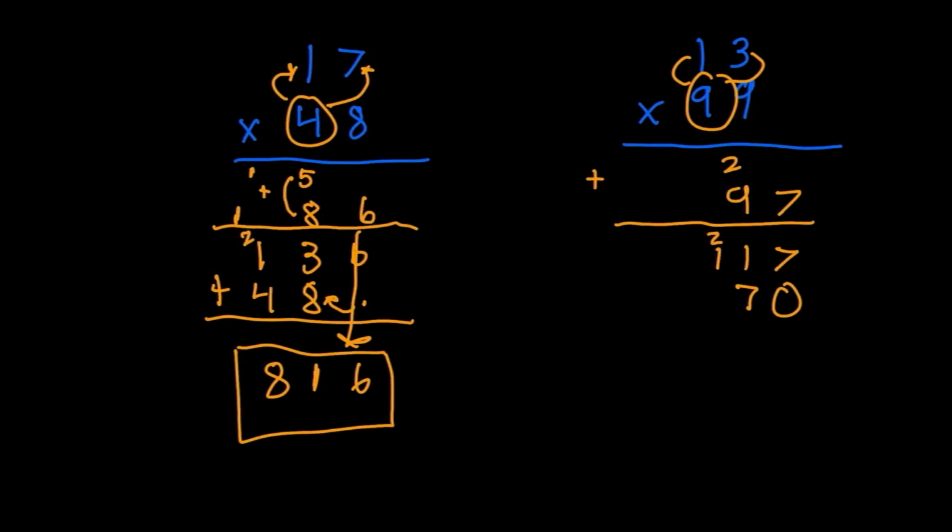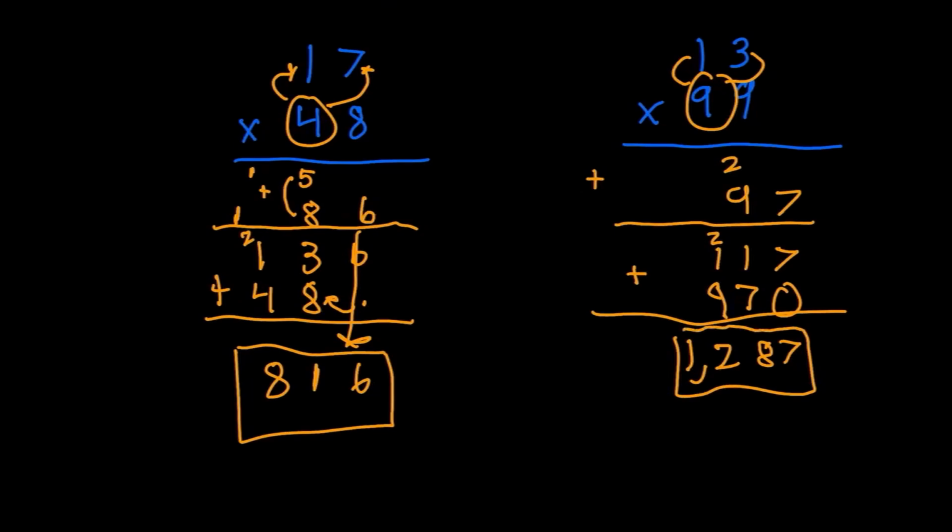And then 9 times 1 is going to be 9, like this. We add them all up. So I get 7, 8, and 2 plus 1 plus 9 is going to be 12. So I'm going to write the 2 and then the 1. And this is my final answer, 1,287.